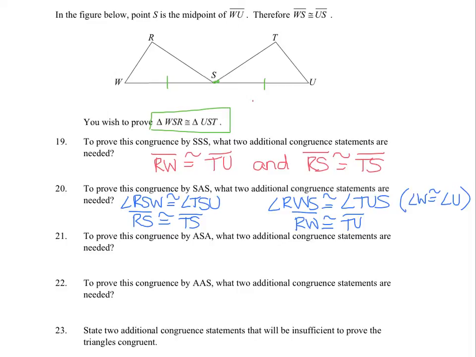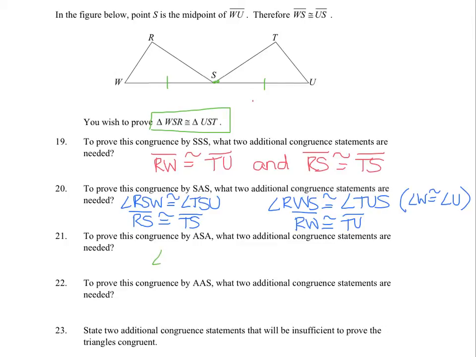For number 21, to prove this congruence by ASA, what two additional congruent statements are needed? Well, ASA, we already have this side. That means that we would need the two angles that are on either side of this. So angle W and angle RSW.